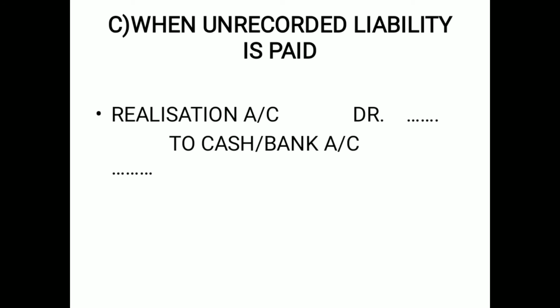See, this is all reverse, just opposite to the topic of assets. So if you learn that topic, it is easy for you to memorize this. You will just reverse the journal entry. So this journal entry is for the payment of unrecorded liability: realization account debit to cash and bank account.